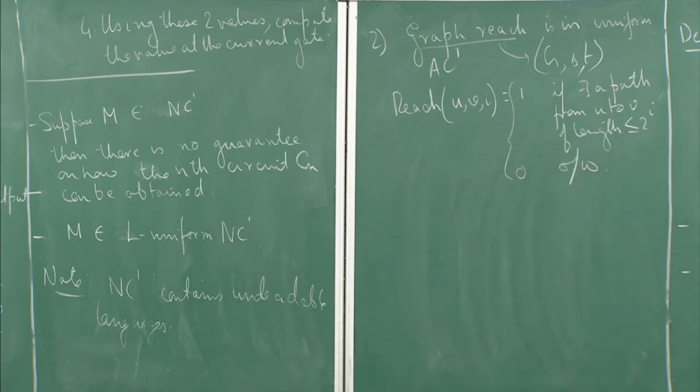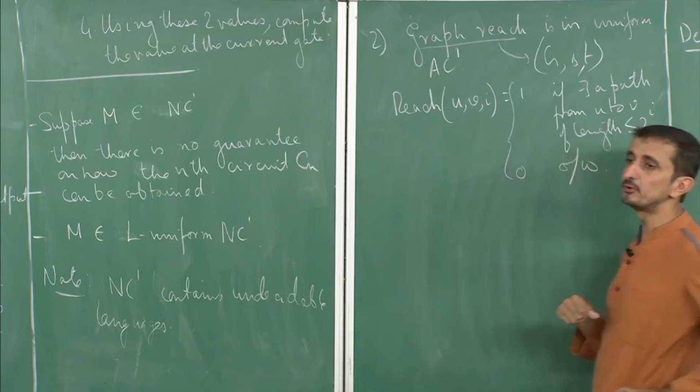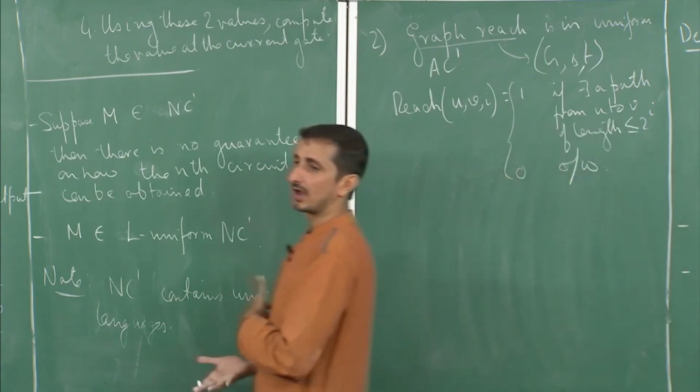Okay. Now we will argue that given U V I, I can actually compute this predicate in AC1. How would you do that? So essentially I have to give a log depth circuit, but now I am allowed unbounded fan-in.